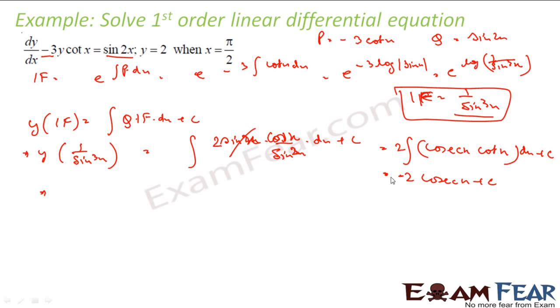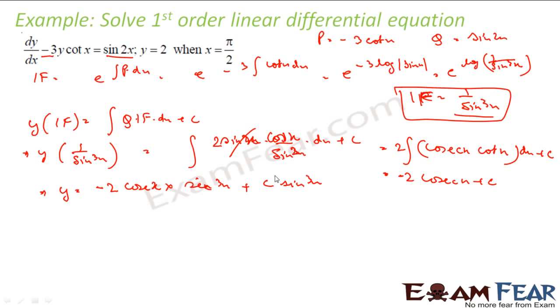So you got this guy as this. So my solution came out to be y is equal to minus 2 cosec x into sine cube x plus c into sine cube x.